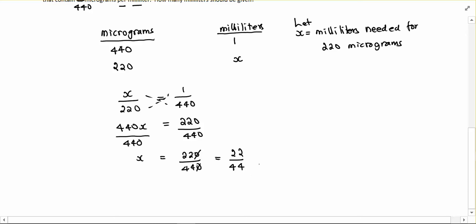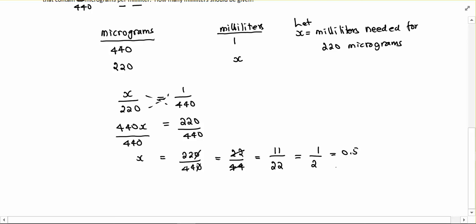You could look at this and say, well, they're both even numbers, so I can reduce by 2, which gives me 11 and 22. Let me erase that. If you stare at that long enough, you'll see that you can reduce this by 11. 11 goes into 11 one time, 11 goes into 22 two times, so 1/2, or 0.5.